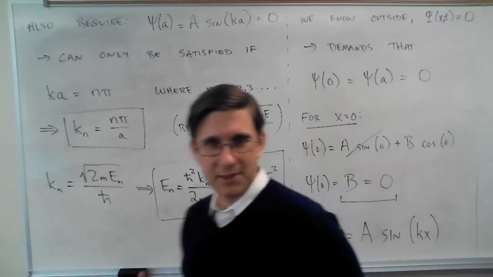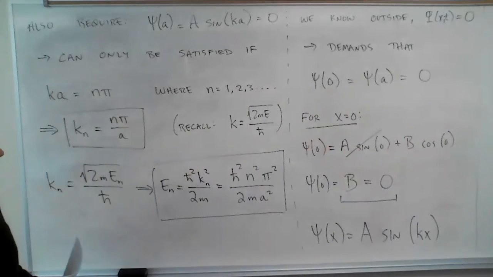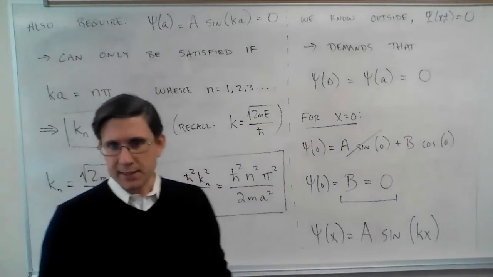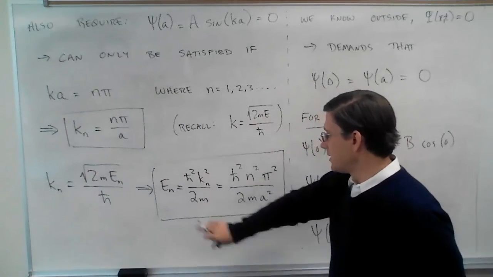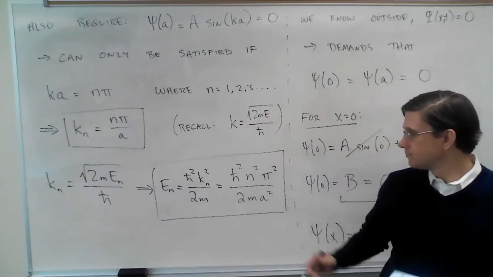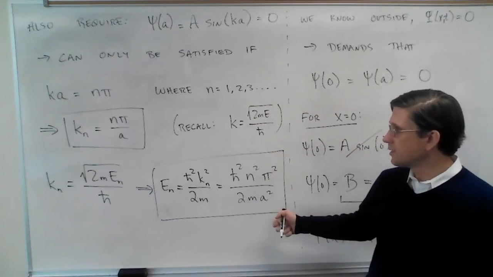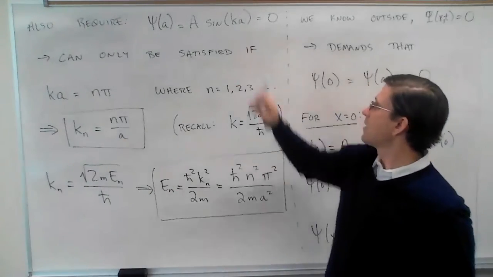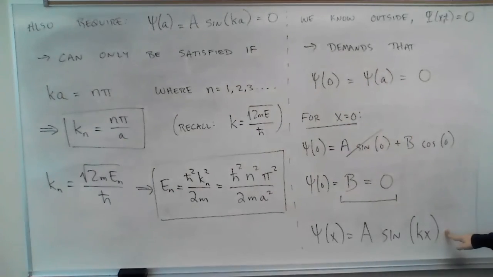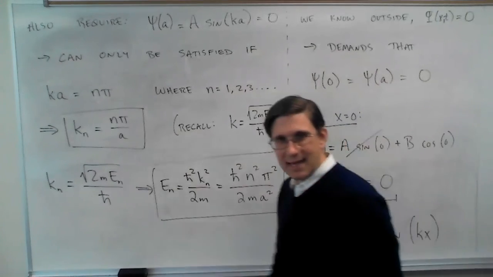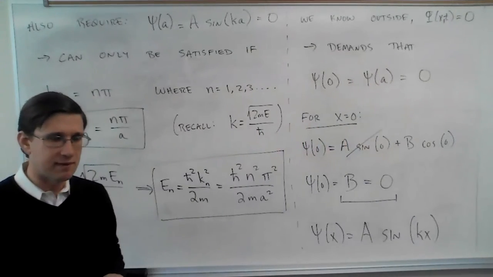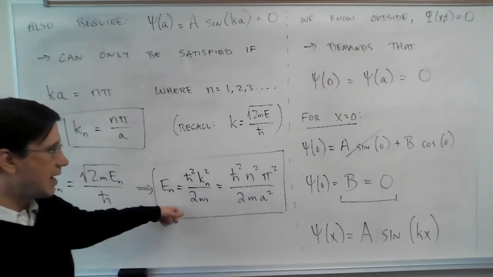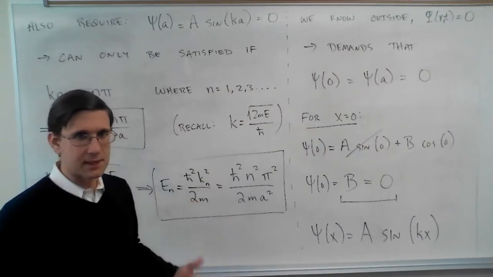Okay, so now this is really starting to feel like quantum mechanics, right? All we've done is start with the Schrodinger equation, we put a particle in a box, and what pops out of it is that the energies of that particle have to take on these discrete values. This argument of the sine of k times a, or in our allowed wave function, sine of k times x, that k can't be anything, that k has to take on discrete values, and if there ever was a signature of quantum mechanics, it's that things like energy and other observables take on these discrete values.